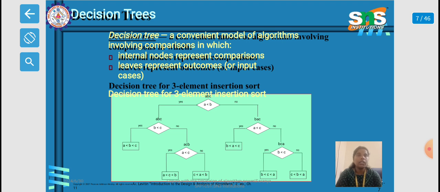To obtain the sorted list, the permutation of the indices is 1, 3 and 2. In general, the number of possible outcomes for sorting an arbitrary n-element list is equal to n factorial.